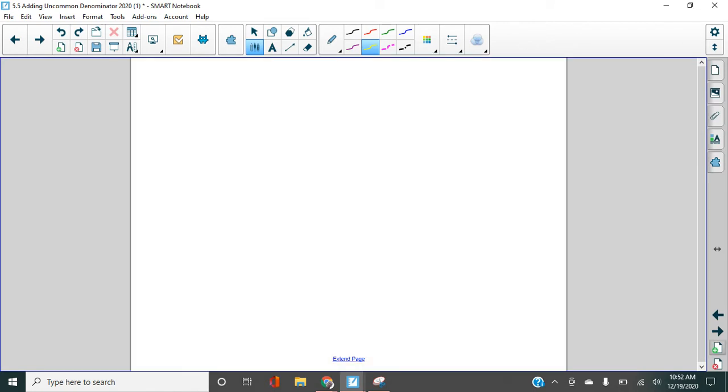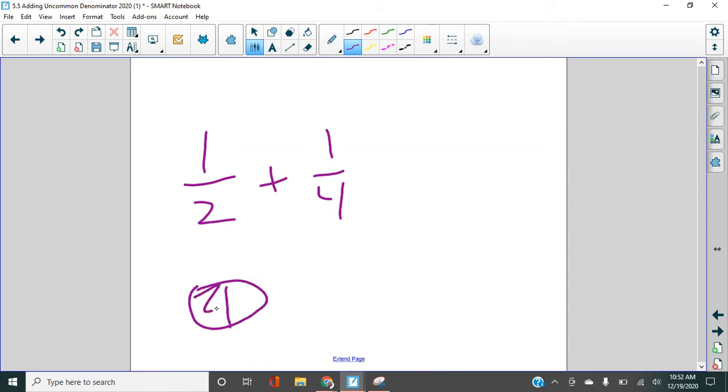Let's say you had some fractions that you know really well, like 1/2 plus 1/4. You know that this is going to equal more than half of a circle, right? If you have 1/2 of a circle and you have 1/4 of a circle, that's going to equal more than half.